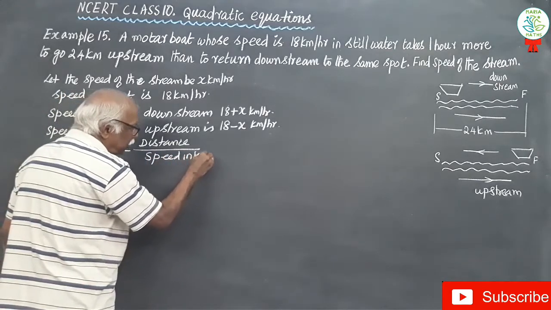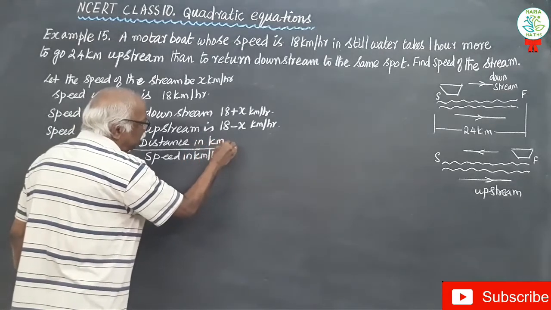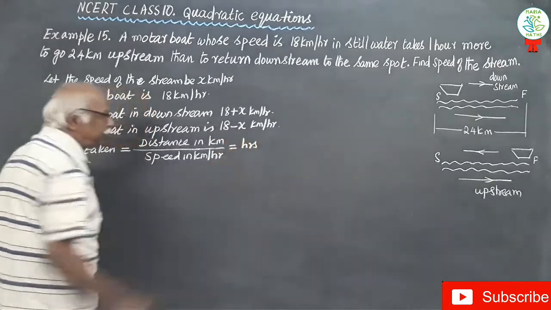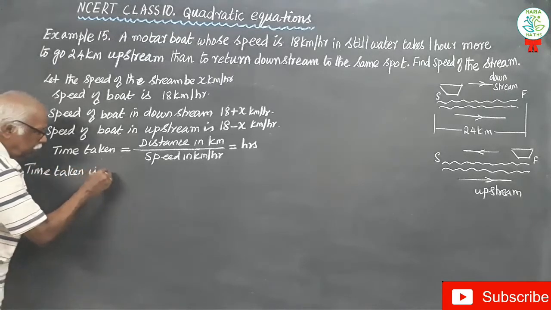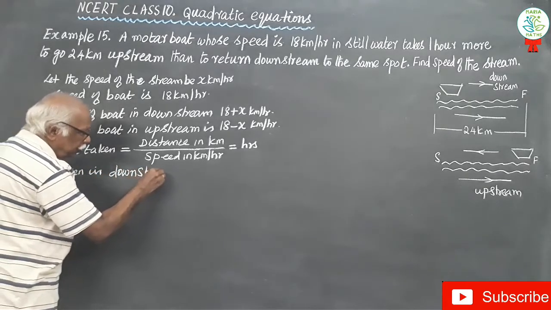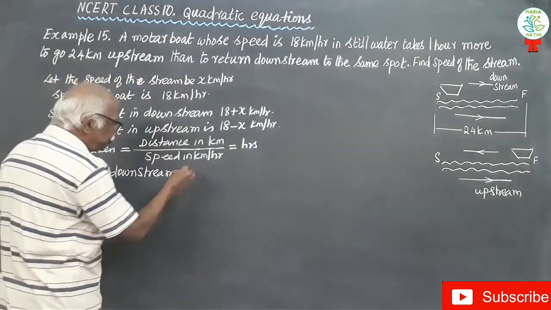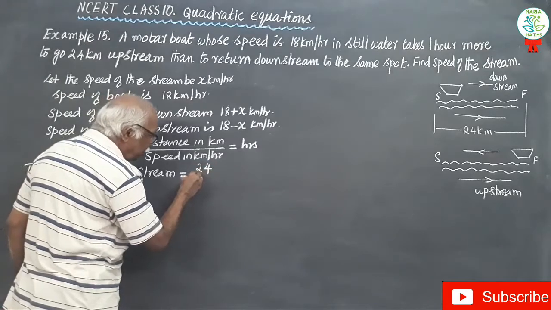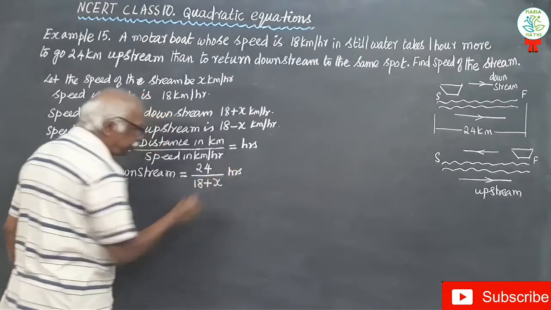Speed is in kilometer per hour, distance in kilometer, time is in hours. Time taken in downstream is distance 24 kilometer divided by downstream speed 18 plus x hours.